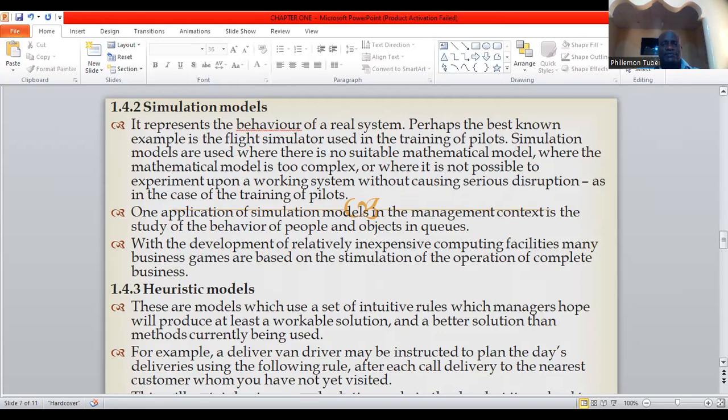For example, a delivery van driver may be instructed to plan the day's deliveries using the following rule: after each call, deliver to the nearest customer whom you have not yet visited.